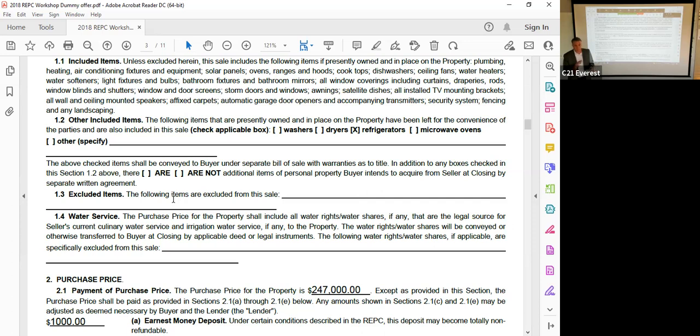Whatever the contract says is the governing document. The reason I put it on here is because you're going to have other agents who call you later and say, we put on the MLS that the refrigerator wasn't included, so we're not leaving it. Well, if the contract says the refrigerator is included, it's included.